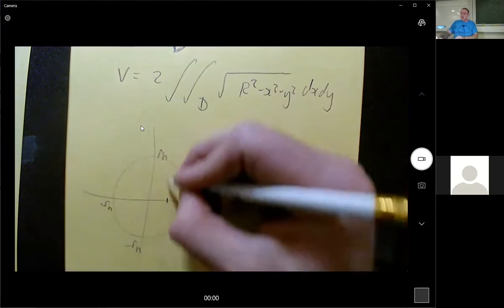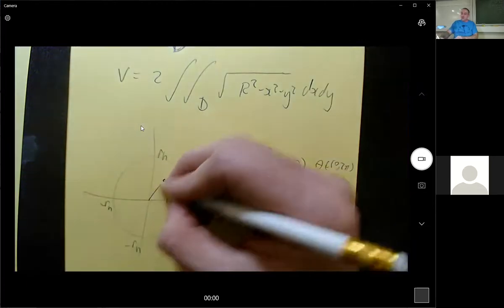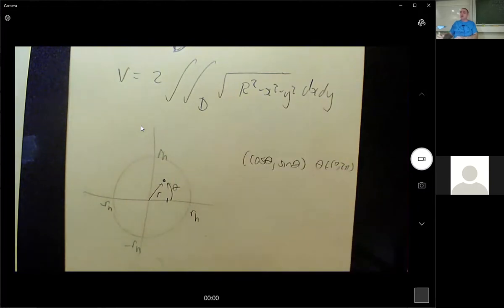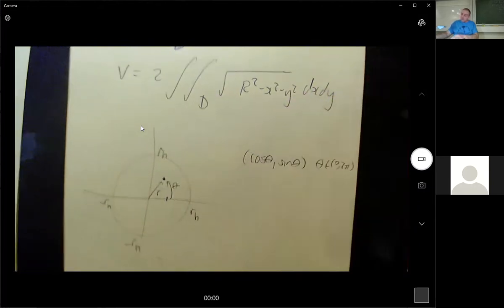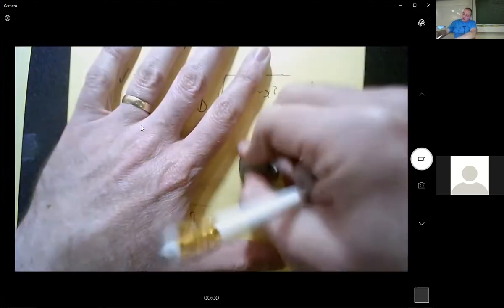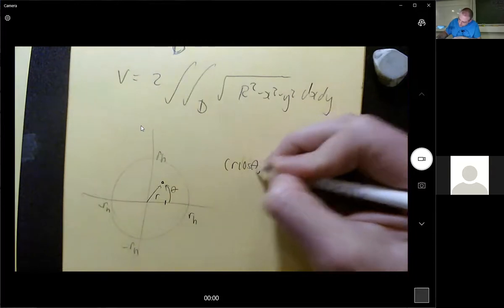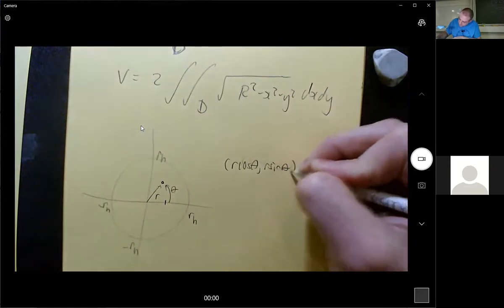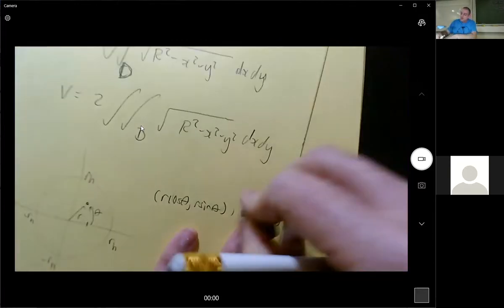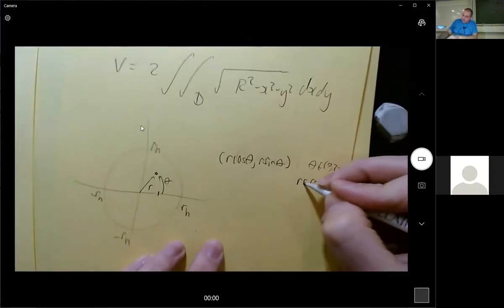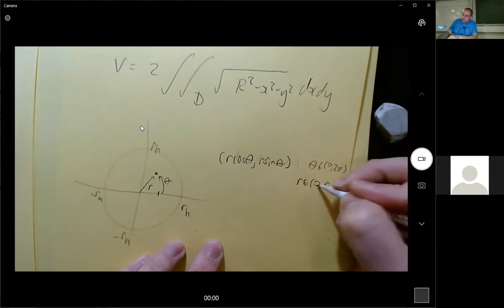So I'm going to pick a point. It's going to be r from the center and it's going to be theta around. And so every point inside the circle is now r cos theta, r sine theta, for theta between 0 and 2 pi, and r being between 0 and whatever the radius of the hole is.